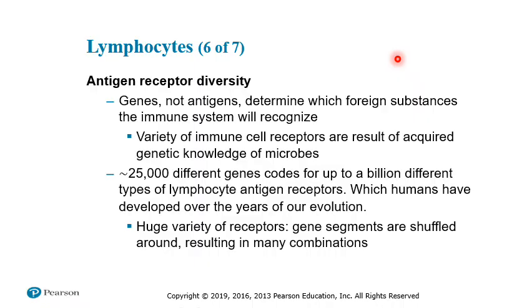There's a huge variety of receptors, and gene segments are shuffled around. It's only 25,000 or 30,000 genes, but when they're shuffled around like in lotto, they result in many combinations and account for more than 1 billion different types of antigen receptors.